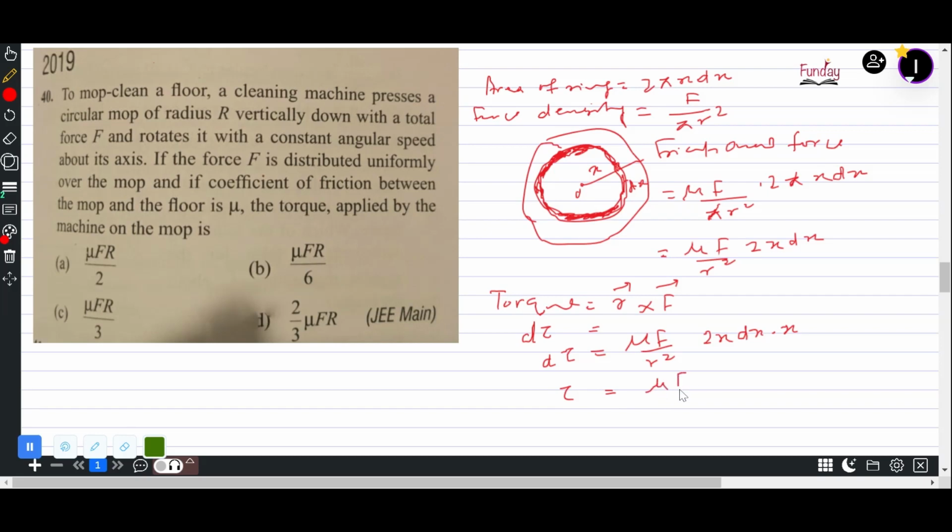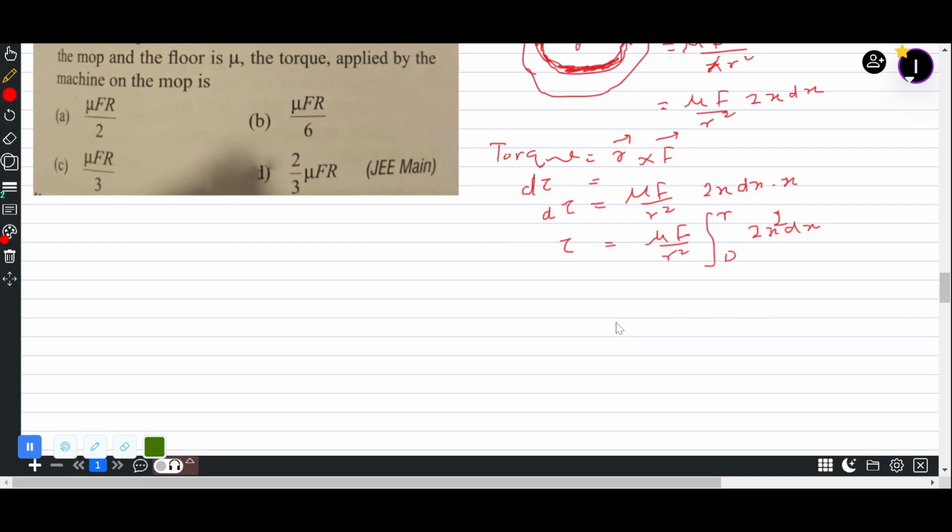So total torque will be mu F by r square, in brackets, integral from 0 to r of 2x dx. x and x becomes x square. Okay, now we'll solve this. So that makes it mu F over r square, 2x cube over 3 from 0 to r.